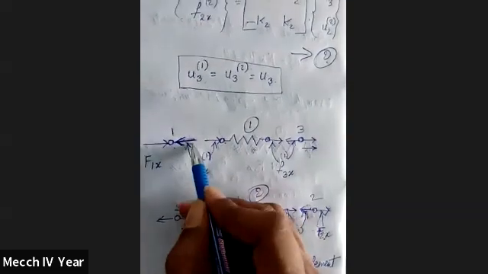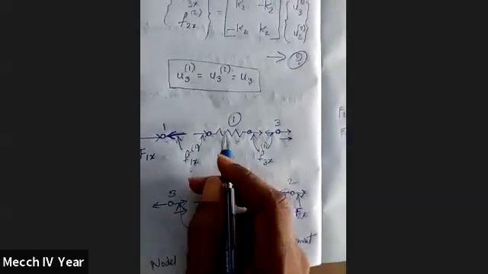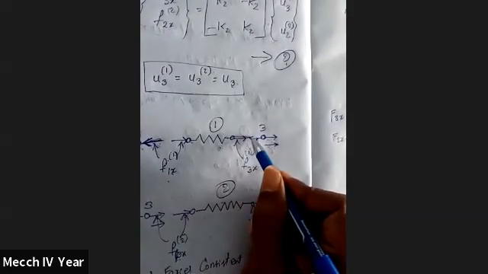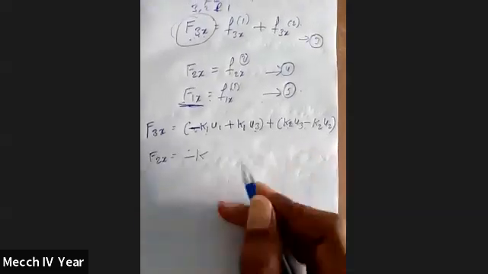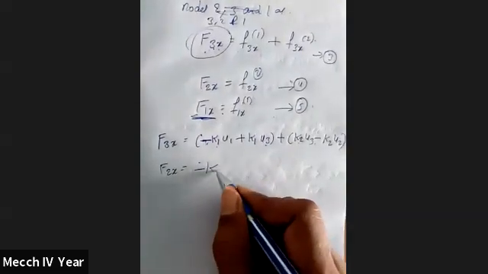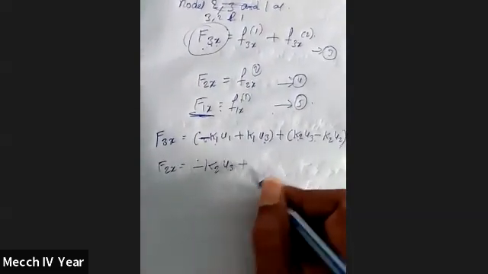K1 U1 plus positive, this one the positive direction, we take K1 U3, like that. So here K2 U3 plus K2 U2.